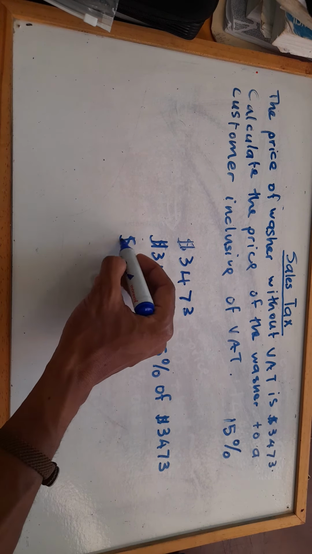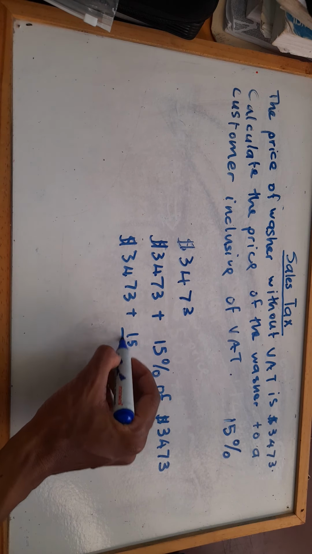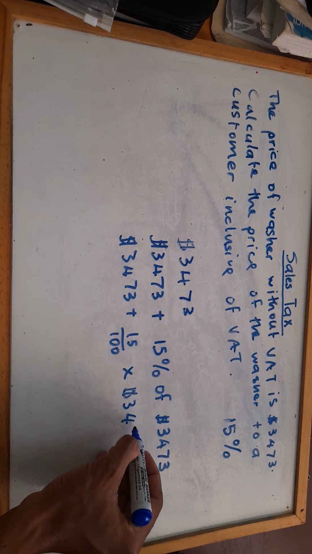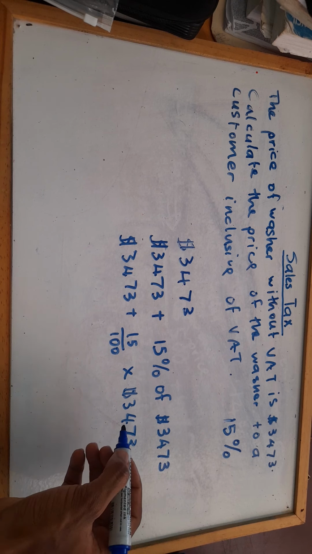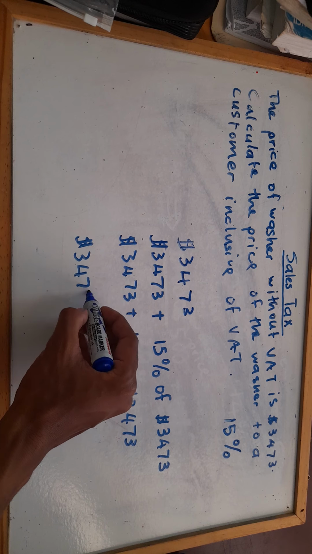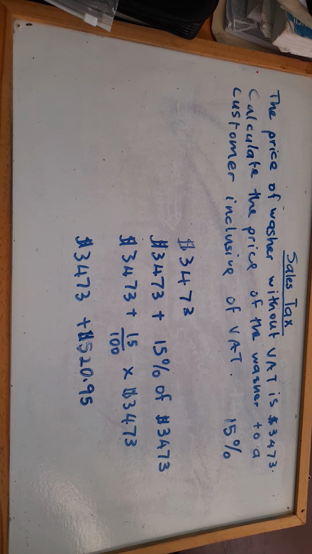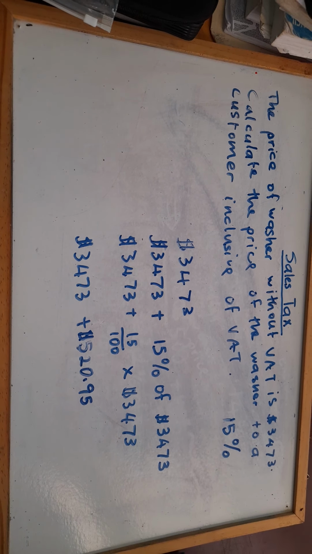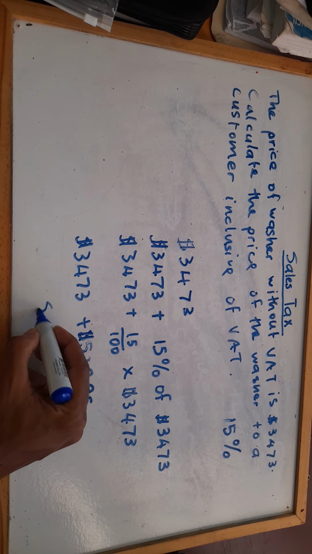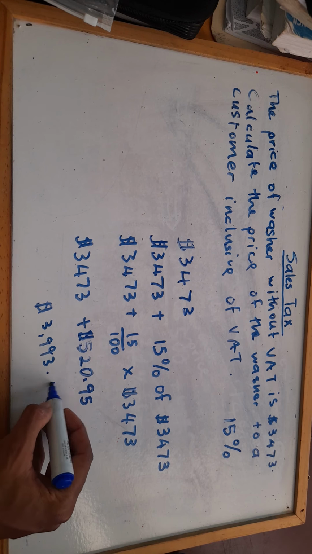So broken down further, $3,473 plus 15% of $3,473. If you put that in a calculator, you should get $520.95. Adding those two together now should give $3,993.95.